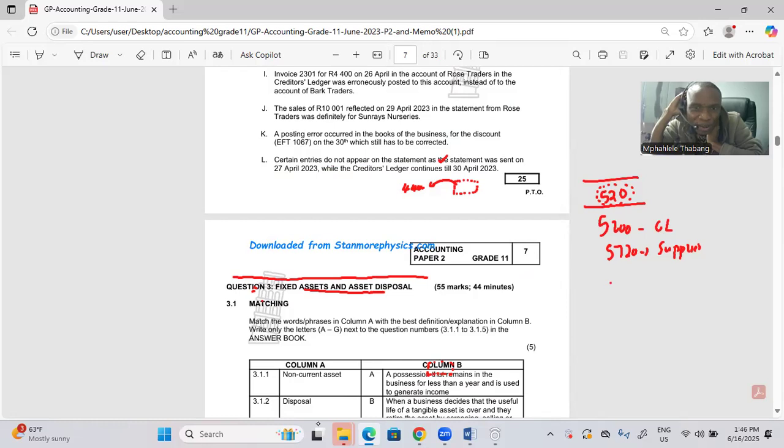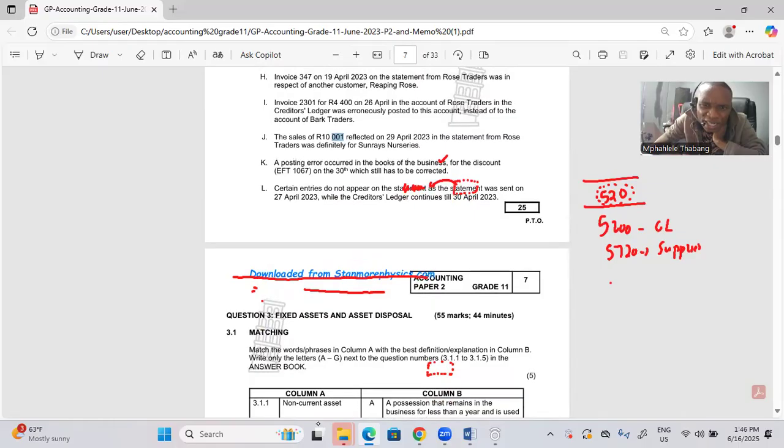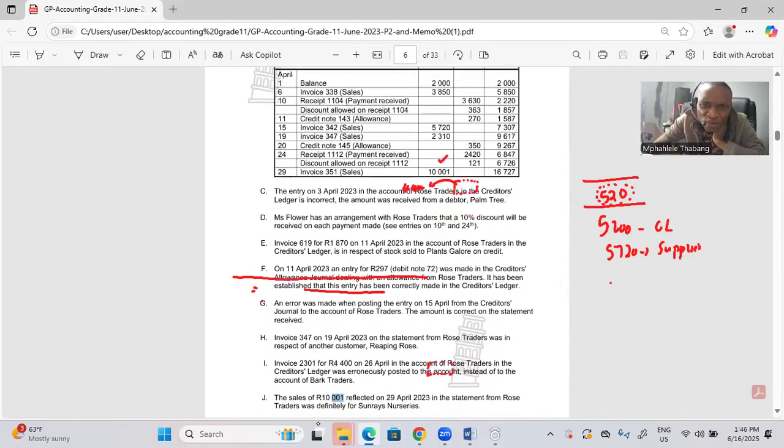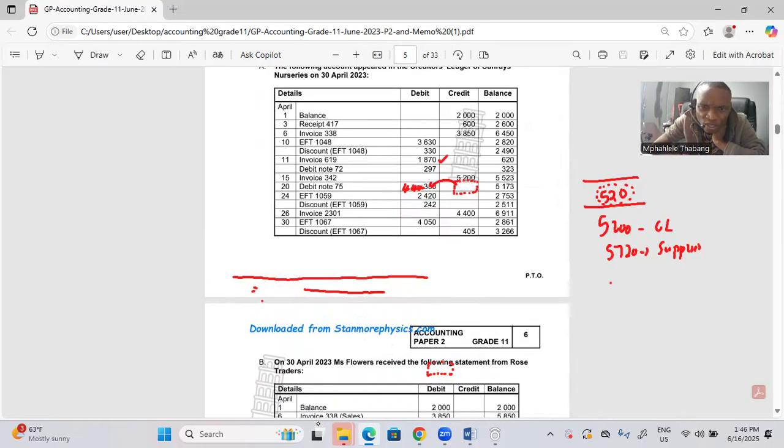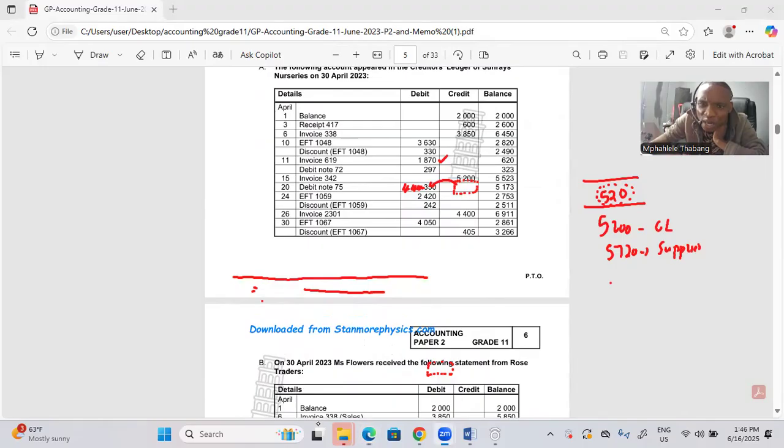So let's go and check the creditor's ledger and check the payment of the 30th. Okay, we paid 4,050, and remember that for every payment that we make, we get a discount of 10%. So let's check: 4,050 times 10 over 100.